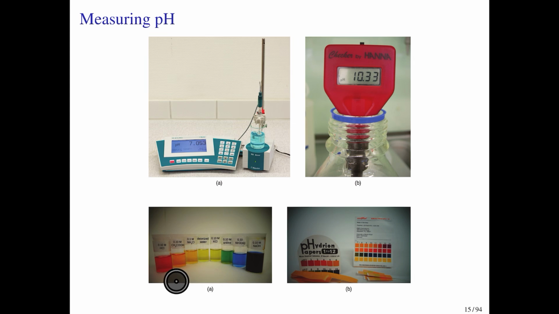There's all sorts of acid-base indicators which will change to different colors when you put them in an acid or a basic solution. There's also digital pH meters here. This one is relatively cheap, and it gives you about two decimal places of precision. This more expensive one gives you about 3 decimals of precision in your pH values. So you can measure pH using different tools.